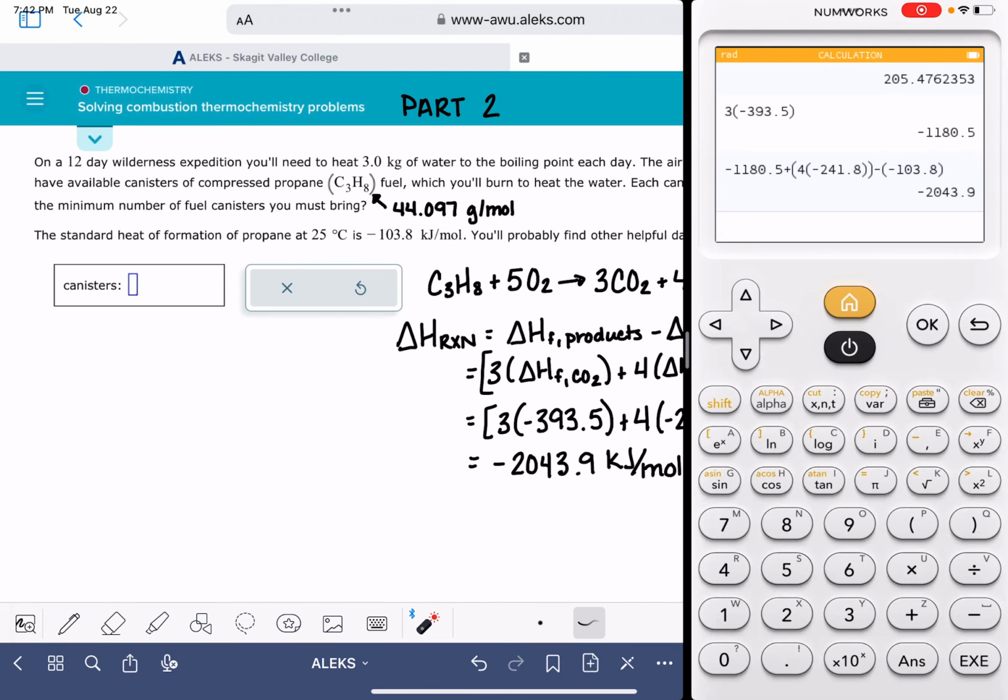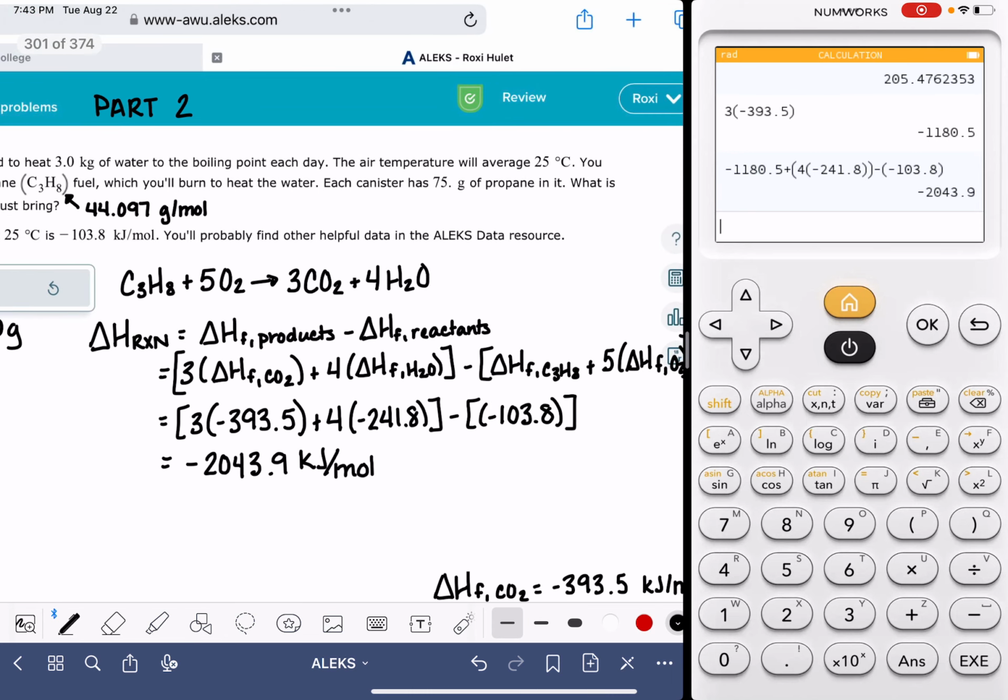So this problem tells us that we're going to be gone for 12 days and we're going to heat 3 kilograms of water each day. So that means that we're going to need a total of 36 kilograms of water.